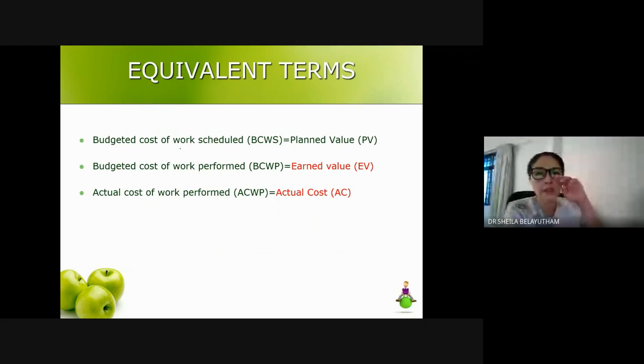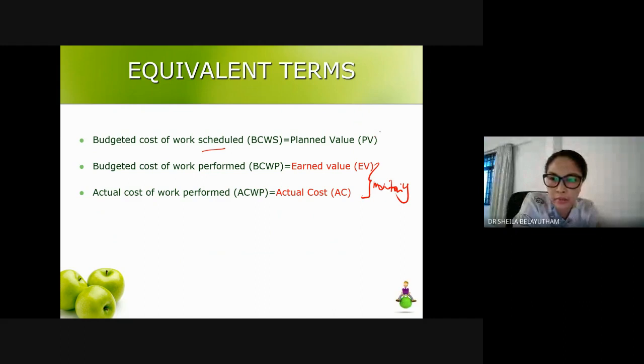So when we talk about planned value, it will be the original S curve, the S curve that you have attained and drawn from the original network diagram, and also the budgeted cost in the contract. So budgeted cost of the work schedule, your original planned curve and so on.